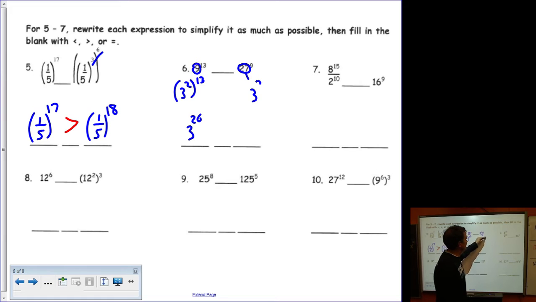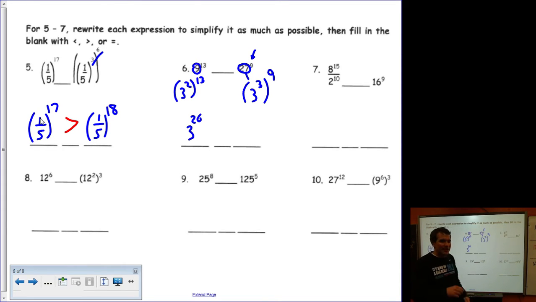It can be rewritten as 3 cubed. But since it was to the 9th power, this would be to the 9th power. And then when I do the power to a power property, I would multiply those together and get 3 to the 27th. And of course, 3 to the 27th is greater than 3 to the 26th.